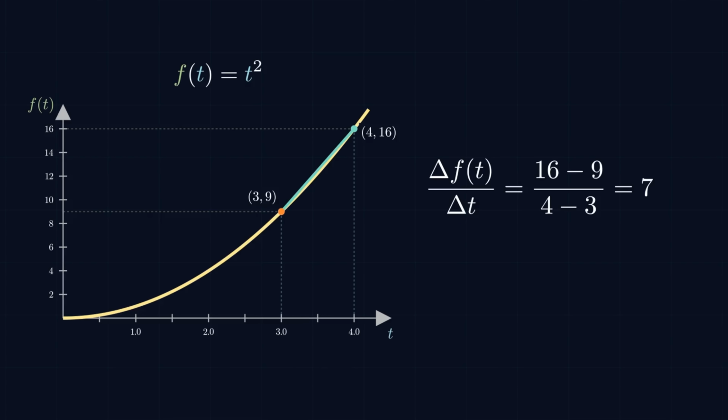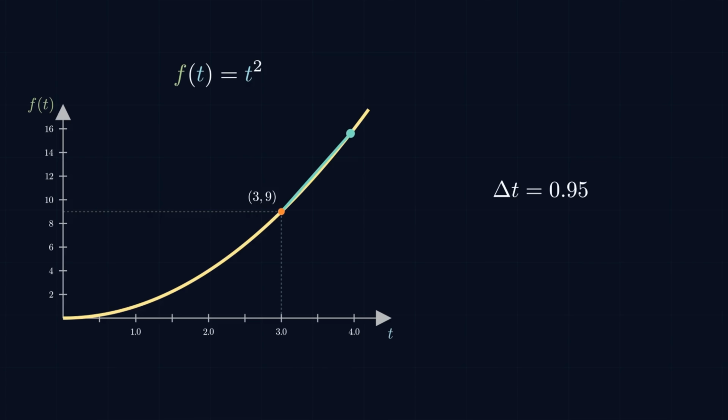But remember, we don't want the average speed between 3 and 4 seconds, we want the speed exactly at 3 seconds. So what do we do? We move the point closer. So let's look at 3 seconds and 3.5 seconds. The average speed over that smaller interval gives us a better estimate of the speed at exactly 3 seconds. Let's move it closer again, so between 3 and 3.1. This time interval is now even smaller.